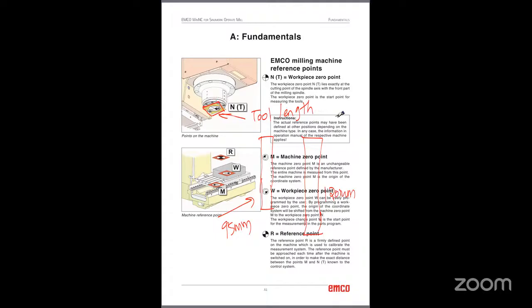The machine doesn't know the length, so we will be using different tools. The length of the tool will be based on this NT. We will use this NT to measure the length of the tool.